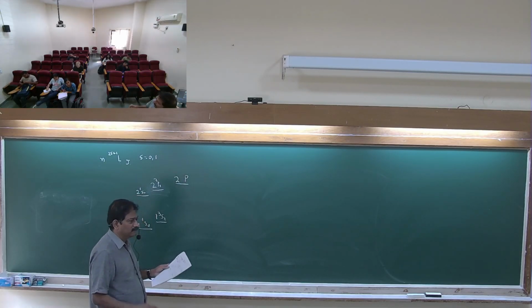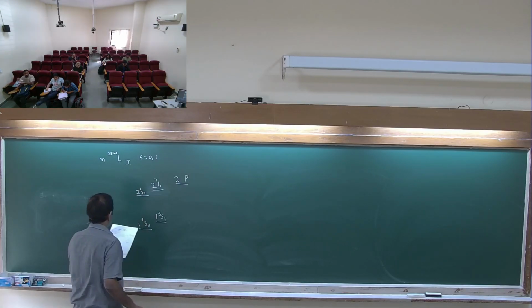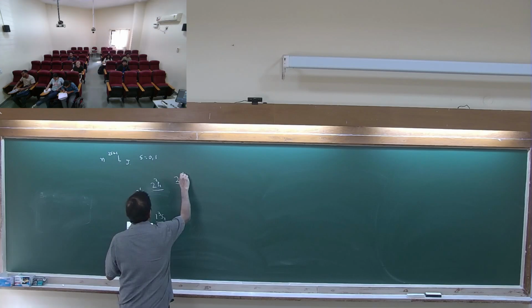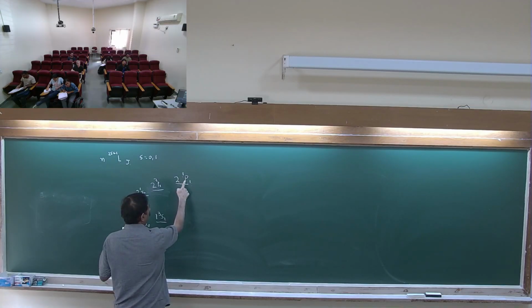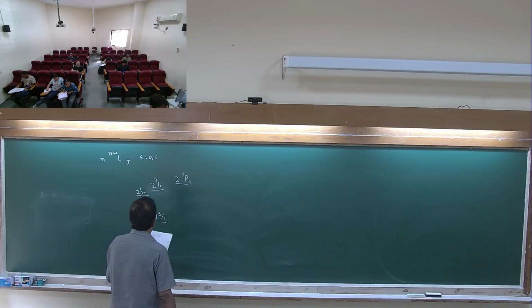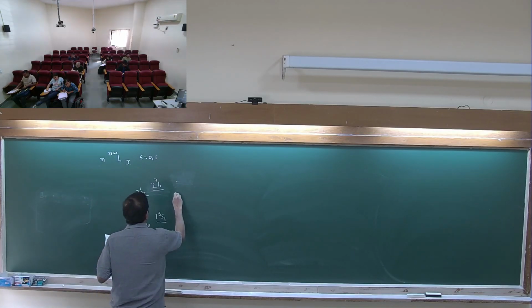S can be either 0 or 1, and what we give is 2S plus 1. So it's a 1P1. Why should this only be 1? Because the spin is equal to 0. So here L is equal to 1, so J can only be equal to 1, and that's it. I think it actually is a little lower than this, so let me write this here. So this is a 2, 1P1.